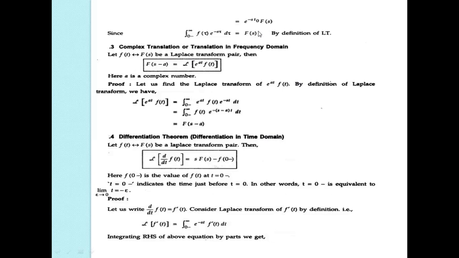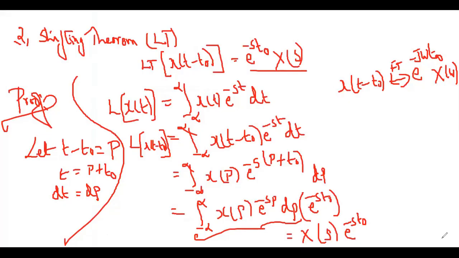Now see the third property, translation in the frequency or shifting in the frequency domain.